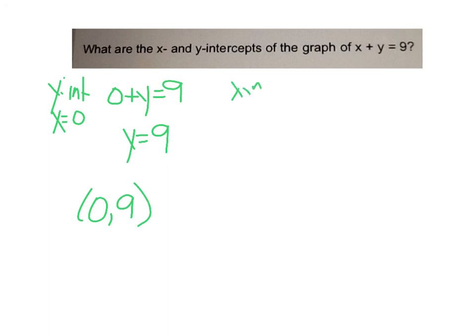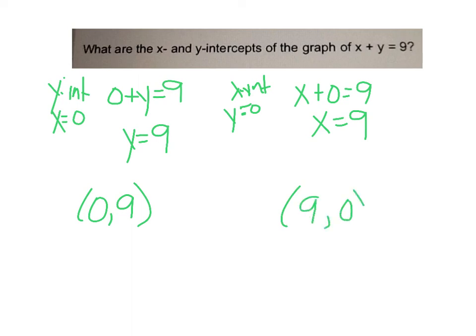To find the x-intercept, I'm plugging in 0 for y, and that gives me x plus 0 equals 9. Well, x plus 0 is just x, so I'm left with x equals 9. There's nothing else I need to do there either. So I just write that in my final answer, (9, 0).